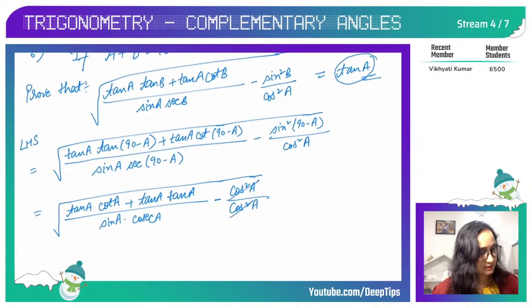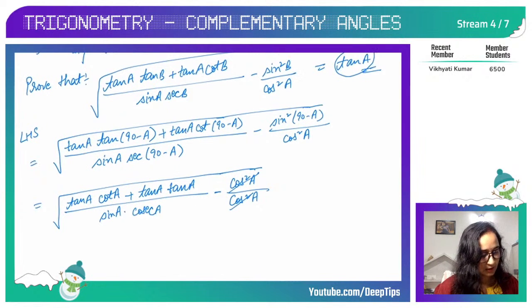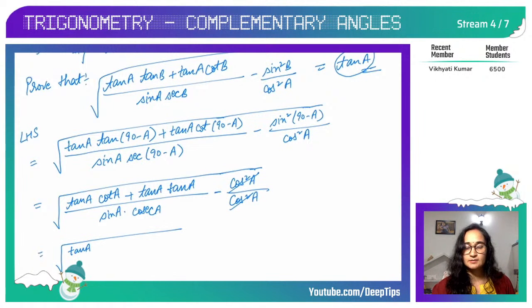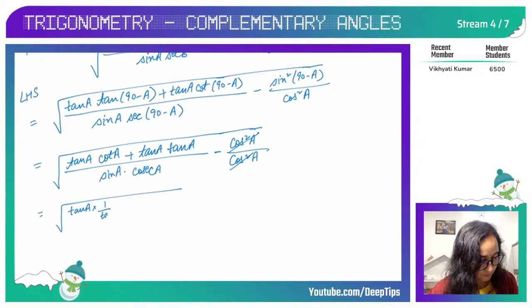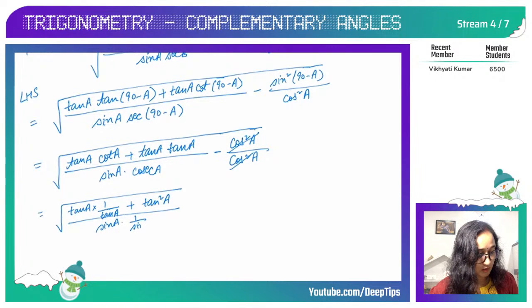Now this gets cancelled. We know that this tan a and cot a can get cancelled, but for your understanding I am simplifying it further: cot a can be written as 1 by tan a, plus tan a into tan a becomes tan square a, upon sine a into cosecant a, which can be written as 1 upon sine a, and here minus 1.